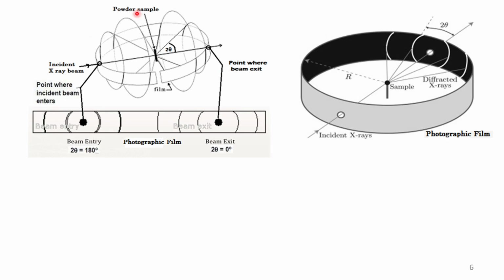Now in this figure, see here, this is the photographic film. When the beam of incident X-ray is incident on the powder sample, we can observe the diffraction as well as the reflection.